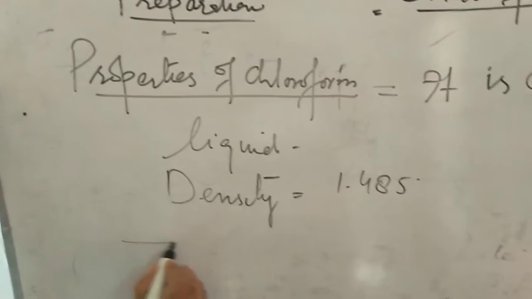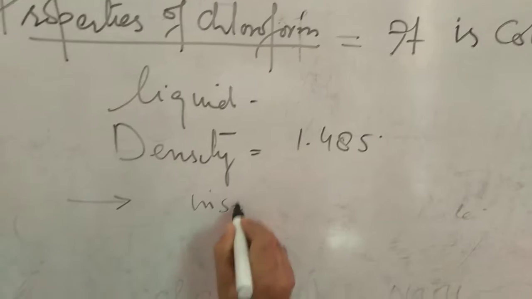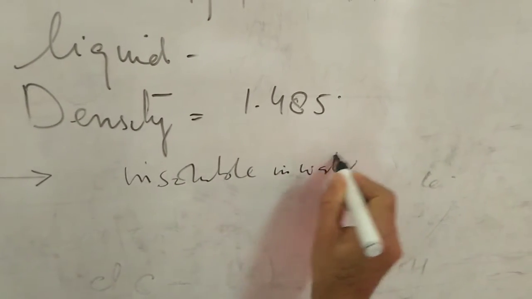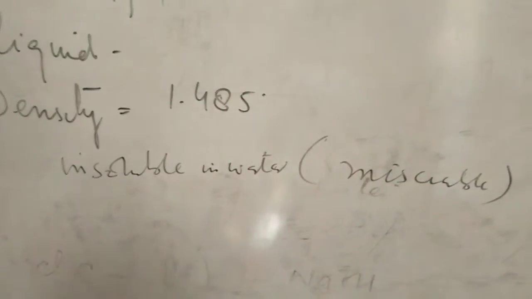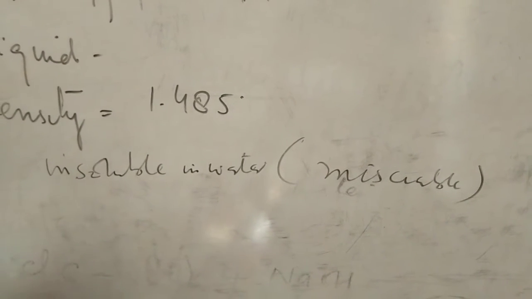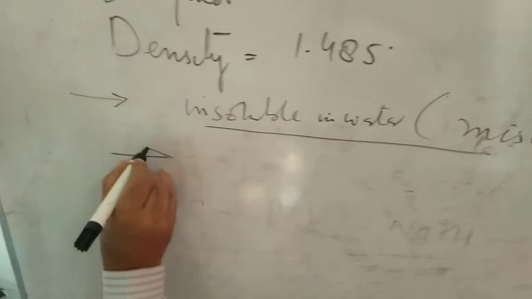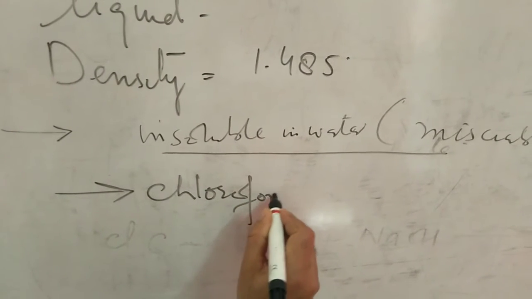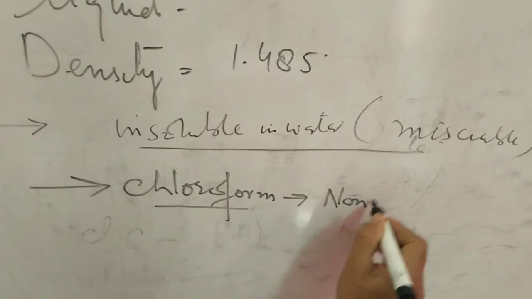Now, you know it is insoluble in water, but it is miscible. Or we can say here chloroform is non-inflammable. ये जलता नहीं है.